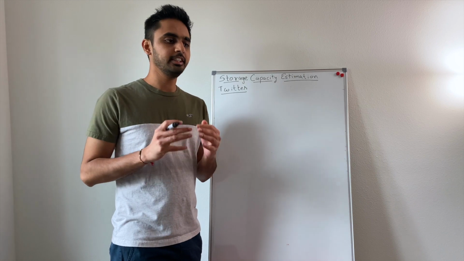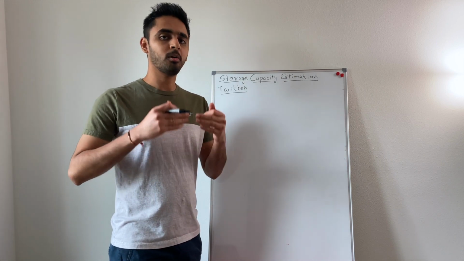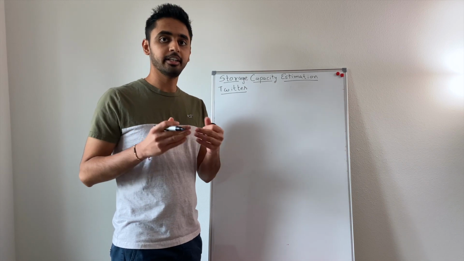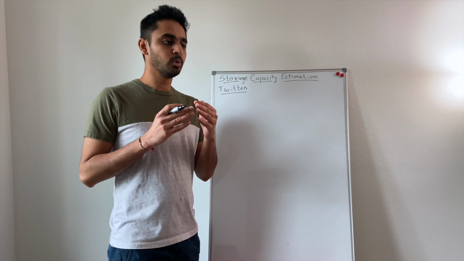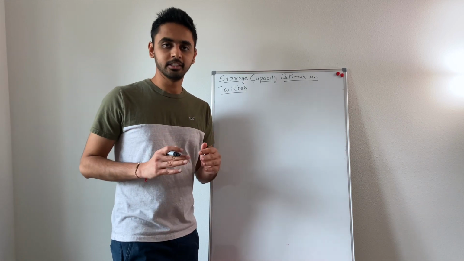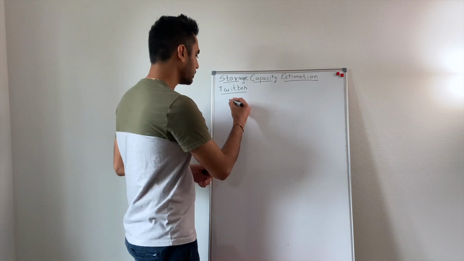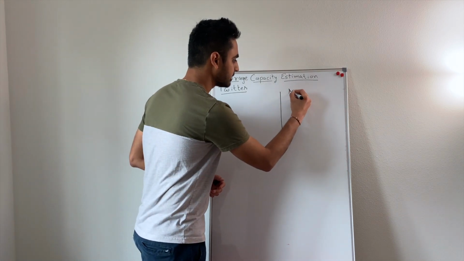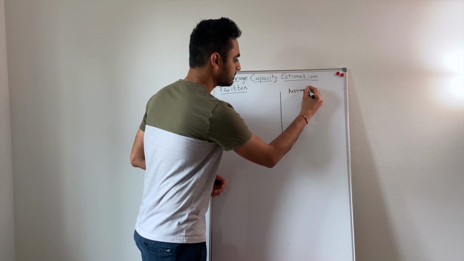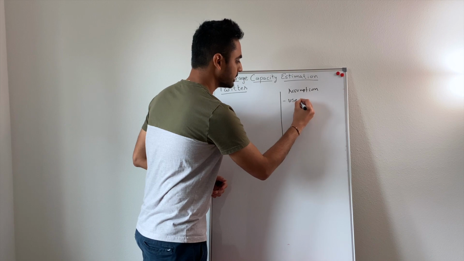In any application, there are always going to be users, whether in the form of customers or in the form of some other service or application. So you always have to start with the total number of users. Let me write here in the assumption section: the number of users.